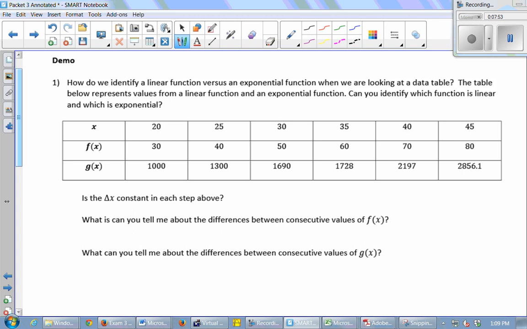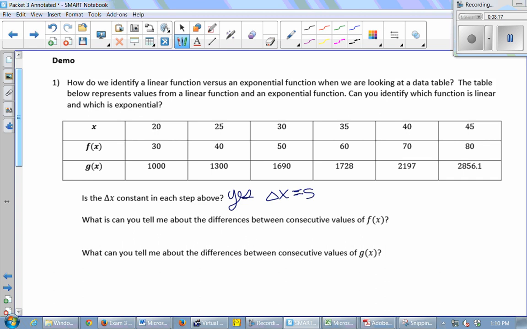Yeah, so first thing to check is, is the change in x constant? 20, 25, 30, 35, 40, 45, those are all changing by 5, yeah. So you've got to check that first, because if they're changing by random amounts, it's harder to see whether it's linear or exponential. But yes, the change in x is always 5 in this example.